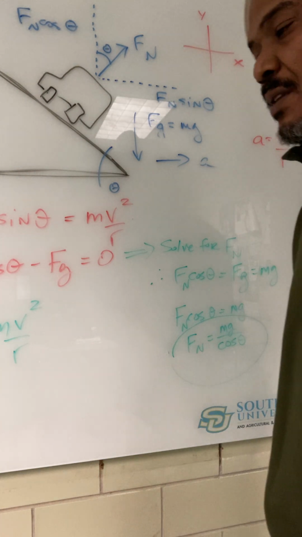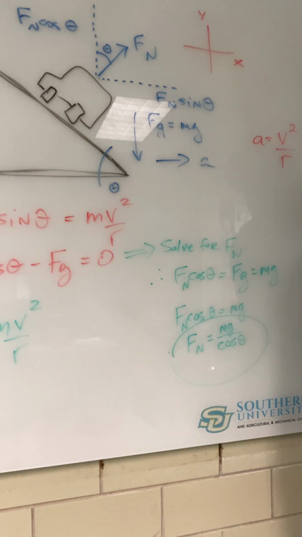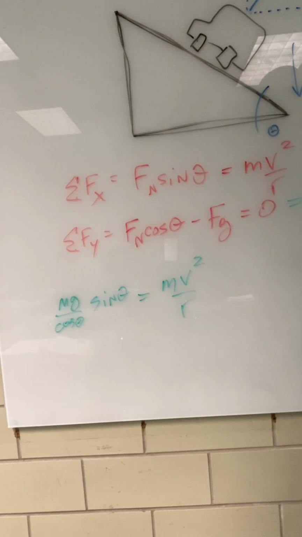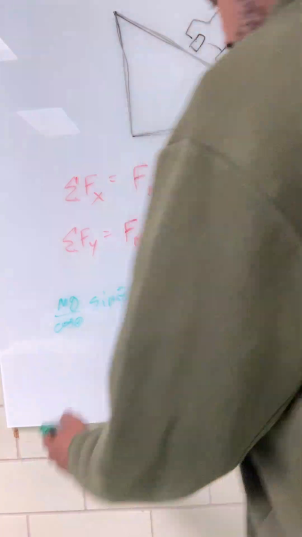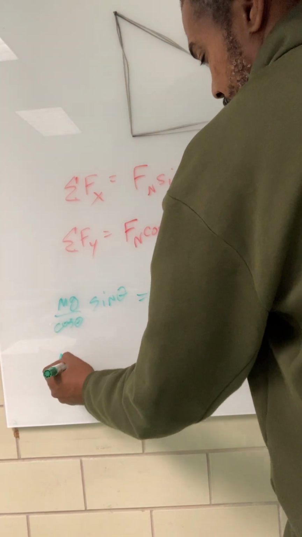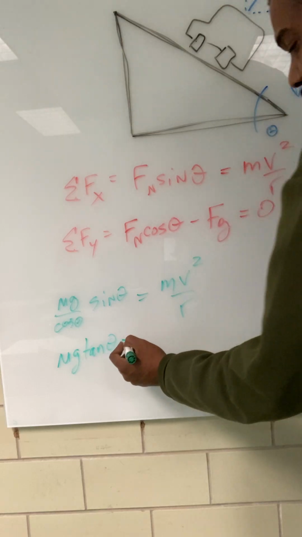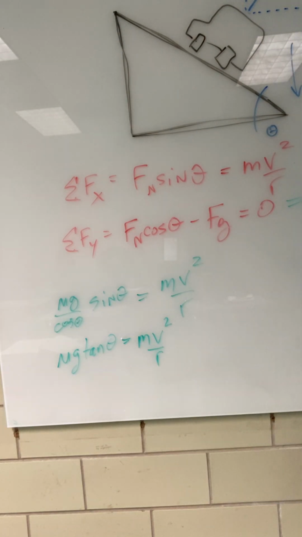And what do we notice immediately? We have sine and cosine on the same side. So we can replace that with what? Sine over cosine is tangent. So this is mg times tan of theta equals mv squared over r.